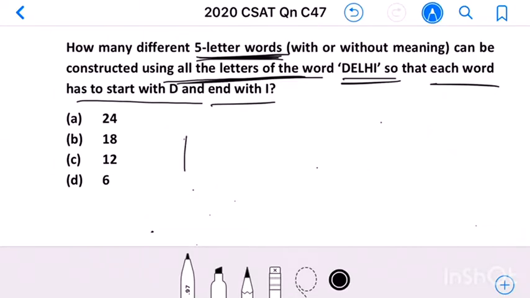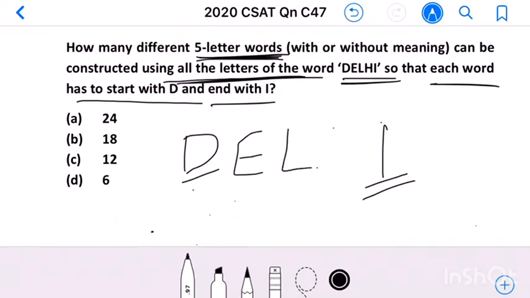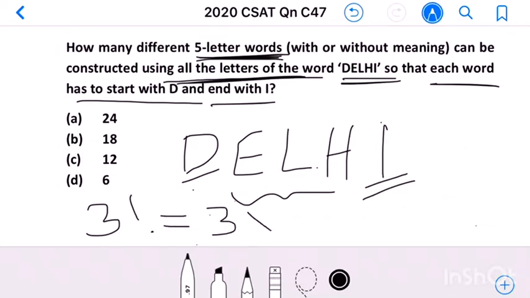Then the words should be like this: D at the start and I at the end, and the remaining 3 letters in between. So ELH we can arrange in 3 factorial ways. 3 factorial is equal to 3 into 2, which is 6.